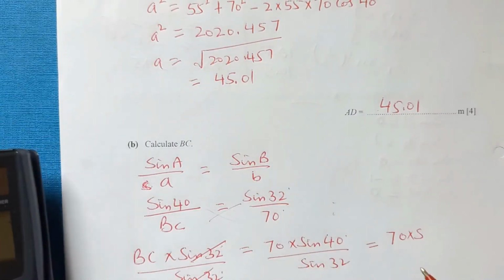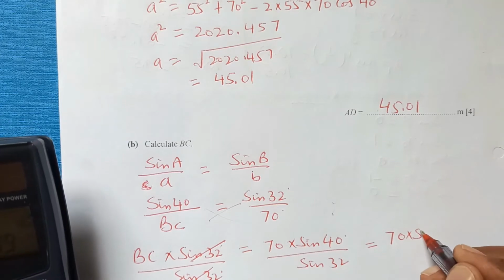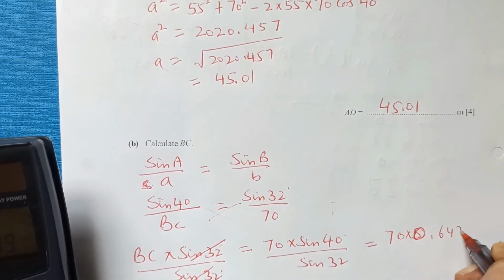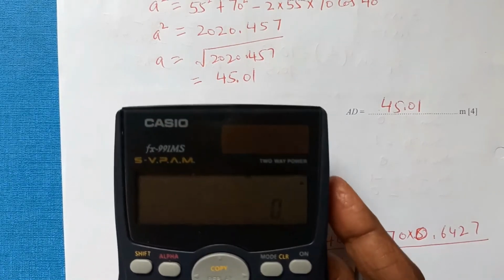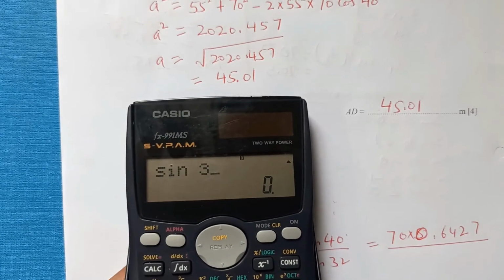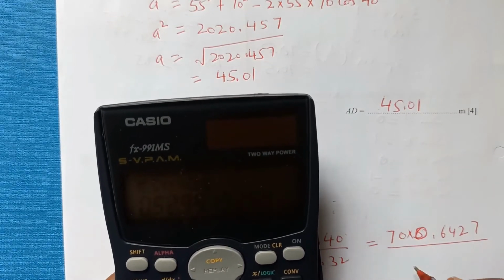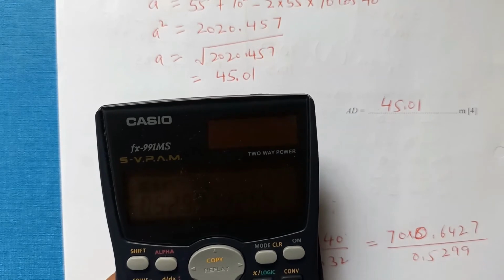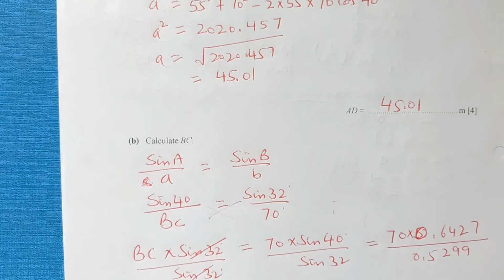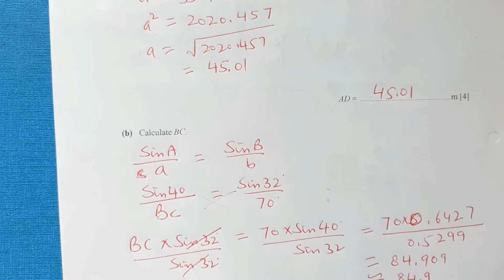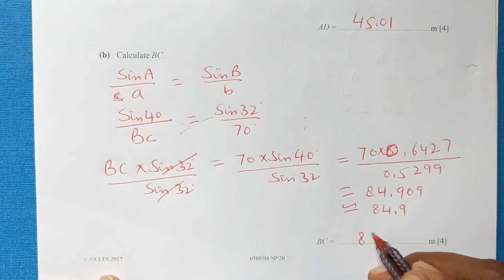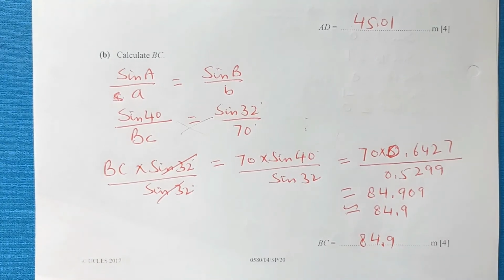This is 0.6427 over sine 32, which is 0.5299. When you simplify this, you're going to get 84.909. So approximately 84.9 meters. So the final answer will be 84.9 meters.